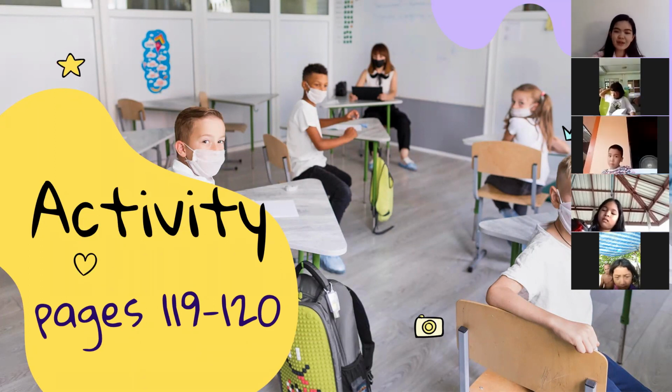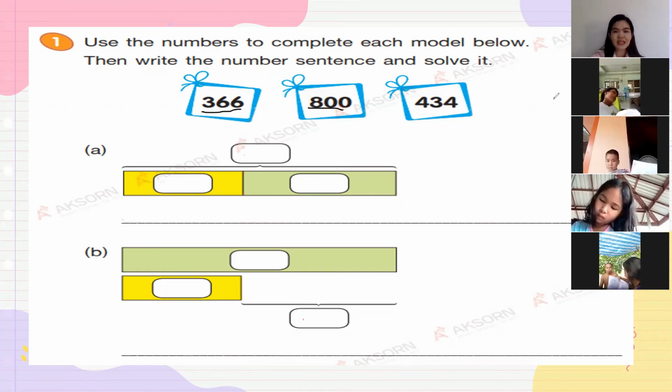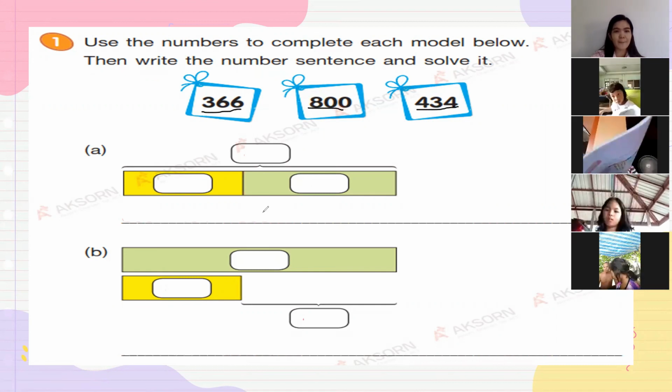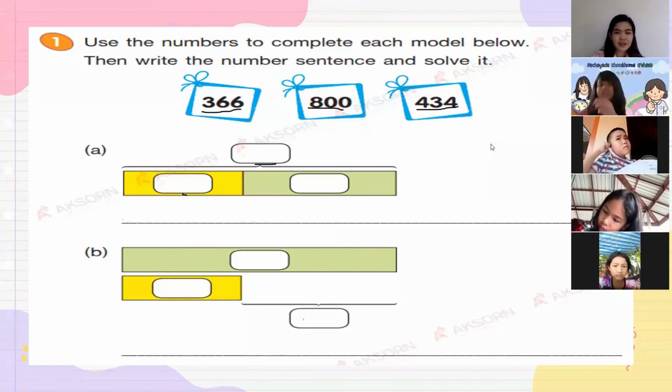So let's answer your book. So for number 1, you're going to use the numbers to complete each model below. So you're going to use the numbers here. We have 366, 800, and 434. Then you're going to write the number in the box. For example, 800.